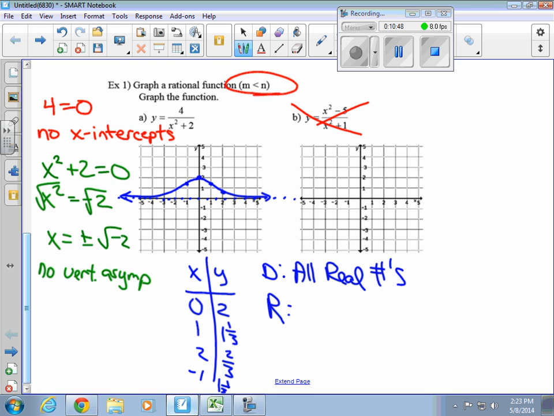So we're going to have 0 here and 2 here, right? It can't be 0, so it's got to be greater than 0. It could be equal to 2. So that would be my range: 0 is less than y, which is less than or equal to 2. Okay. Questions on that one? Does that kind of help clear up some of the stuff from yesterday?